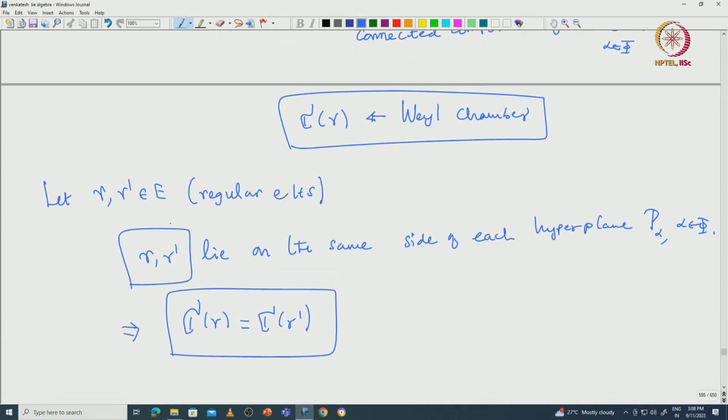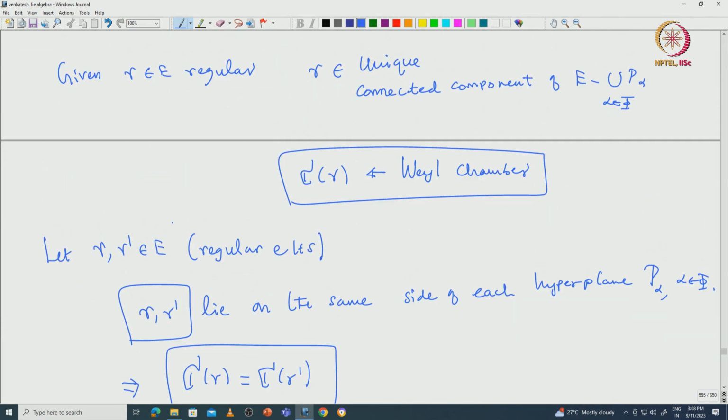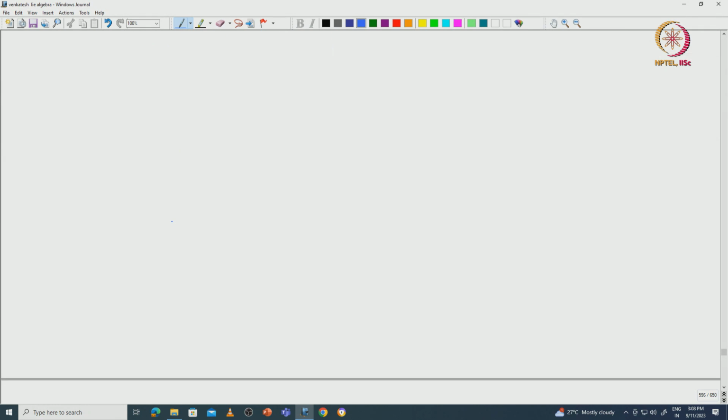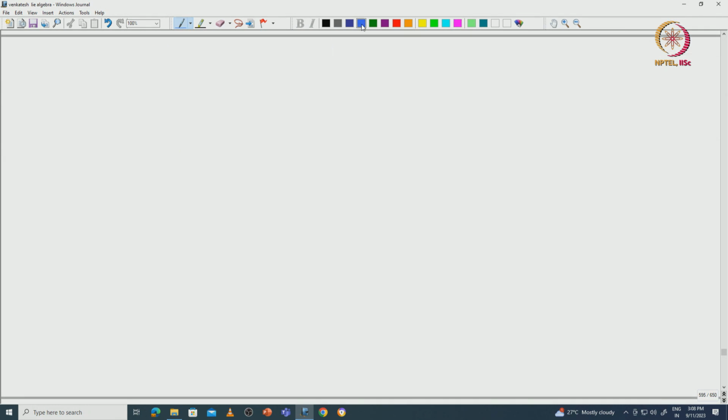But before that, let's see what one can do with this regular element. Let us start with a regular element, say gamma in E which is regular. Then naturally gamma is not lying inside this union of P alpha, alpha in phi.